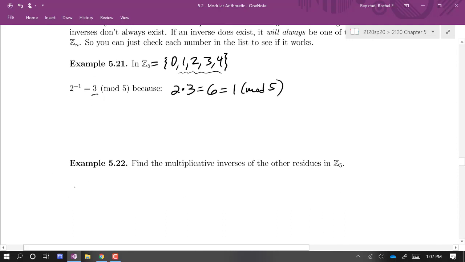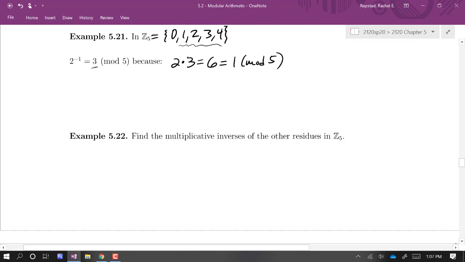So, okay, let's go down the list for Z5. We already found that the inverse of 2 is 3. But look, if 2 times 3 is 1, then certainly 3 times 2 is 1. So if the inverse of 2 is 3, that means that the inverse of 3 is 2.